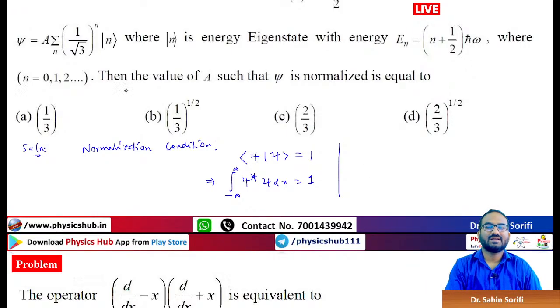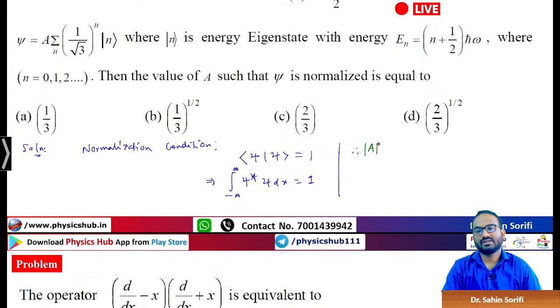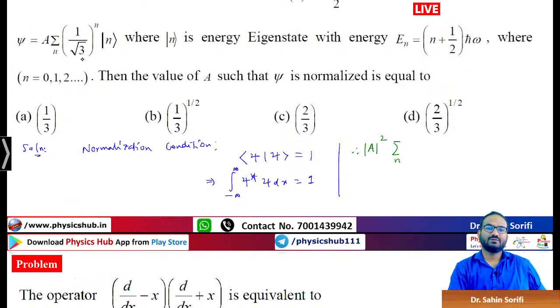So if psi is equal to 1, you can say mod A square, limit over n, 1 by root 3 to the power n.